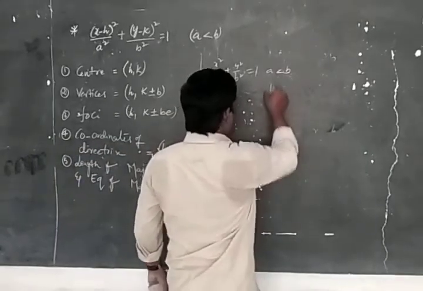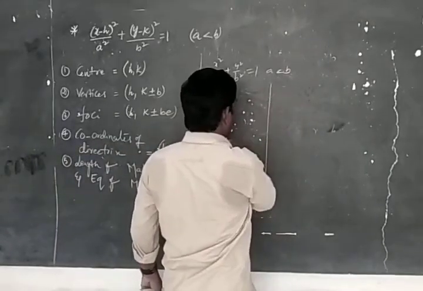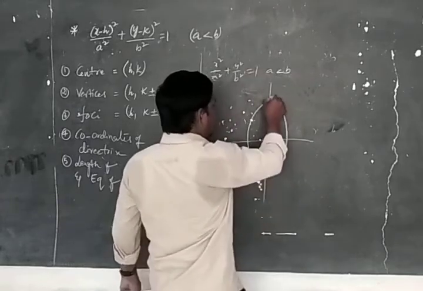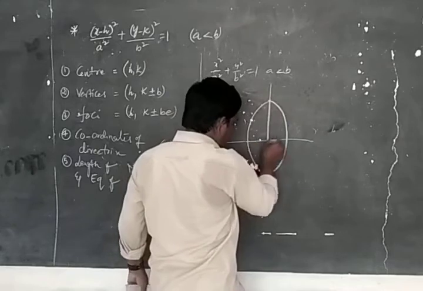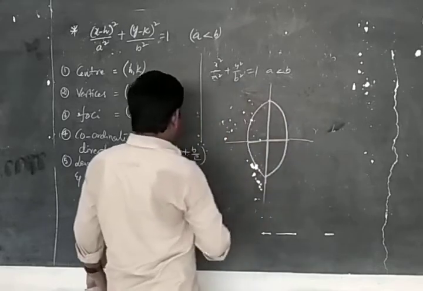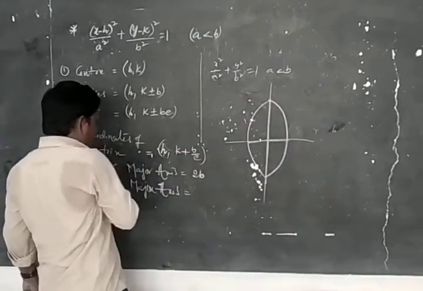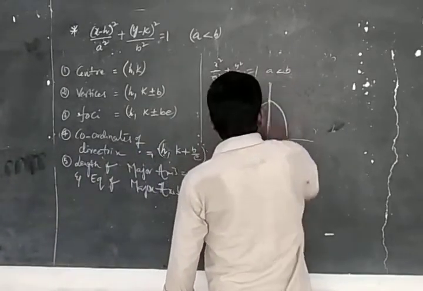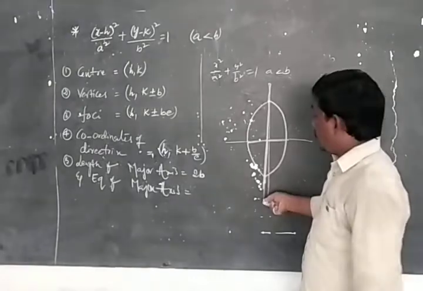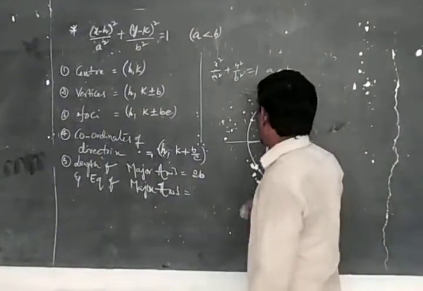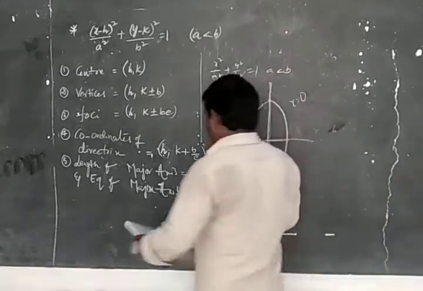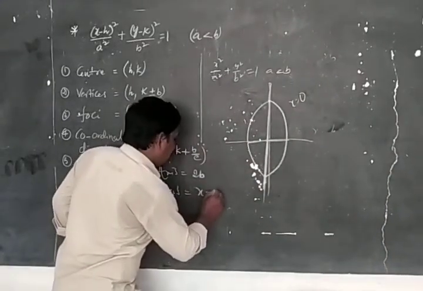So this is 2b, this is 2a. So equation of major axis, this is x axis, this is y axis. So equation of the y axis is x equal to 0, but we have to write x equal to h.